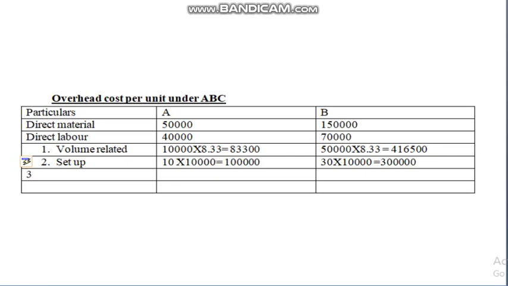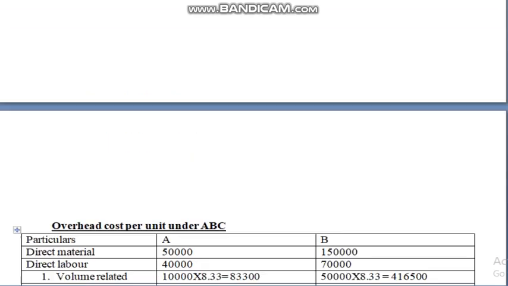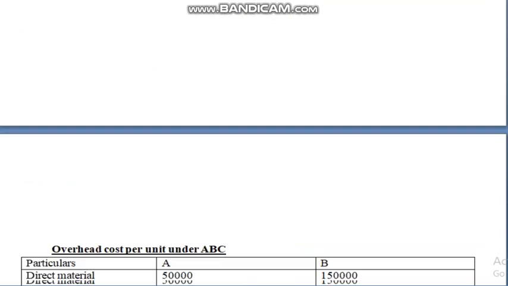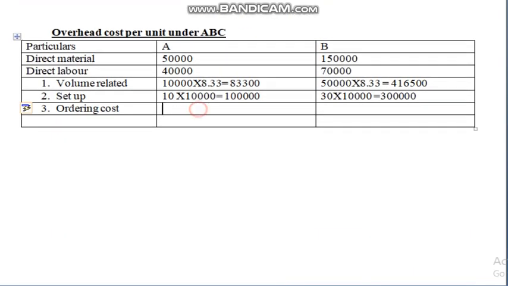Now the last activity is ordering cost. Ordering cost is based on number of orders. So the total number of orders for product A is 60 and for product B is 140. And what's the cost per order?